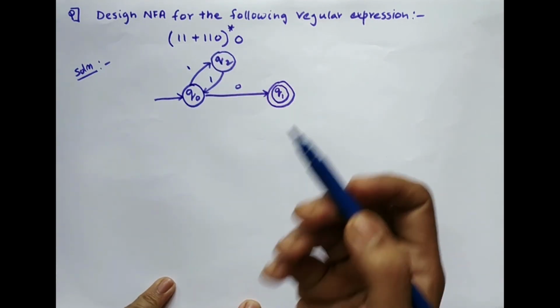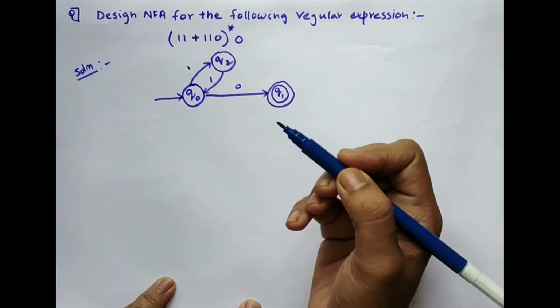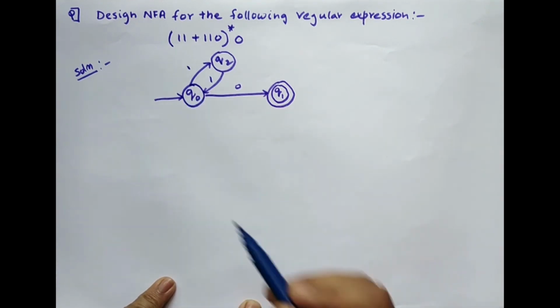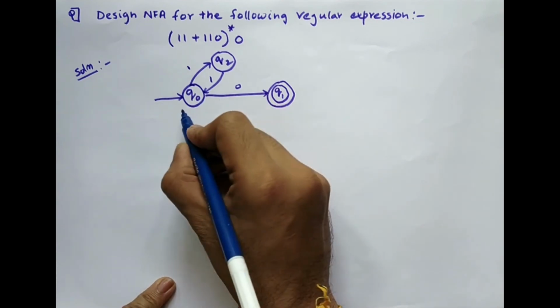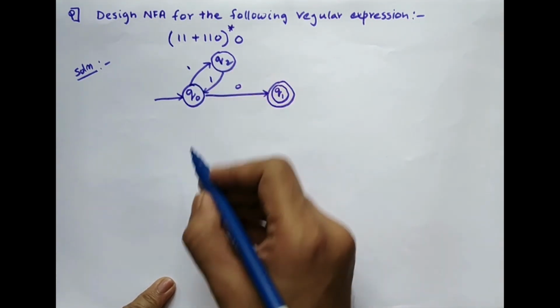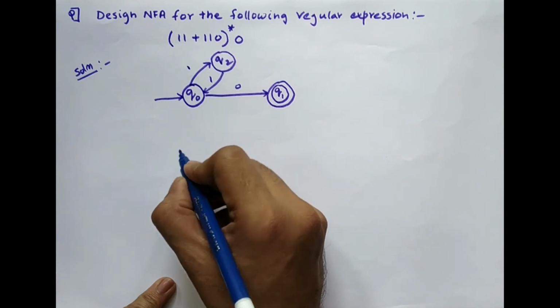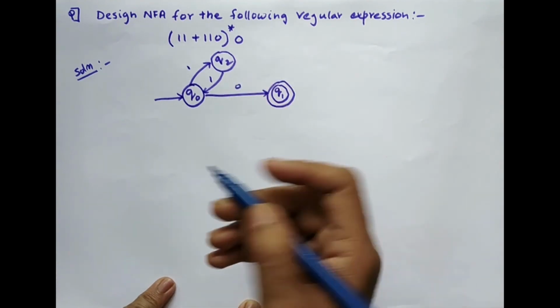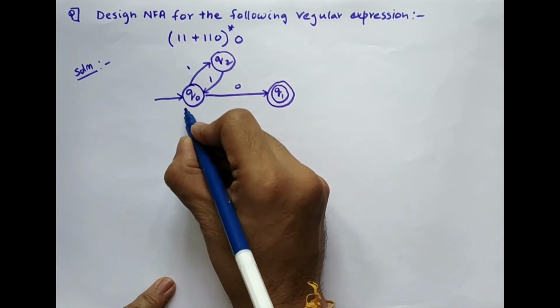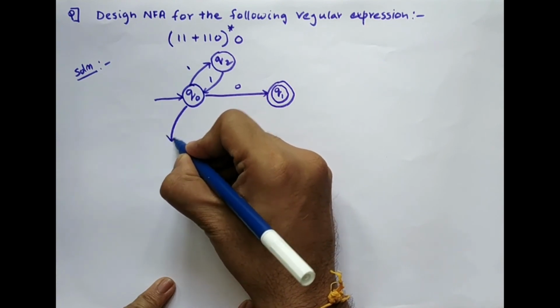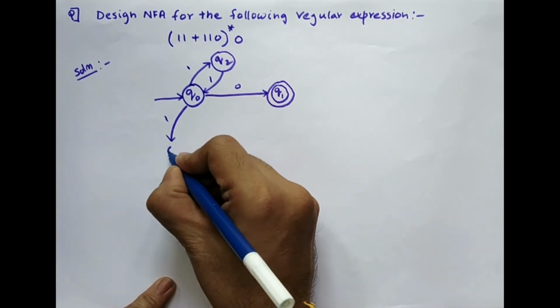Now since it is an NFA, there is actually no restriction on how many transitions are made from a particular state on reading the same input. So I can very well create another state over here. I can just name it Q3 or something like that, and I can say from Q0 on reading 1, I go to Q3.